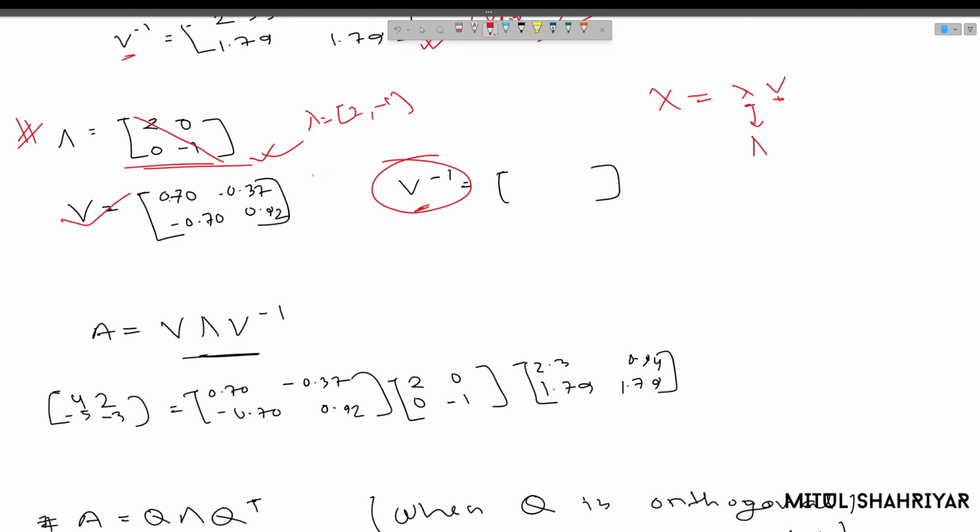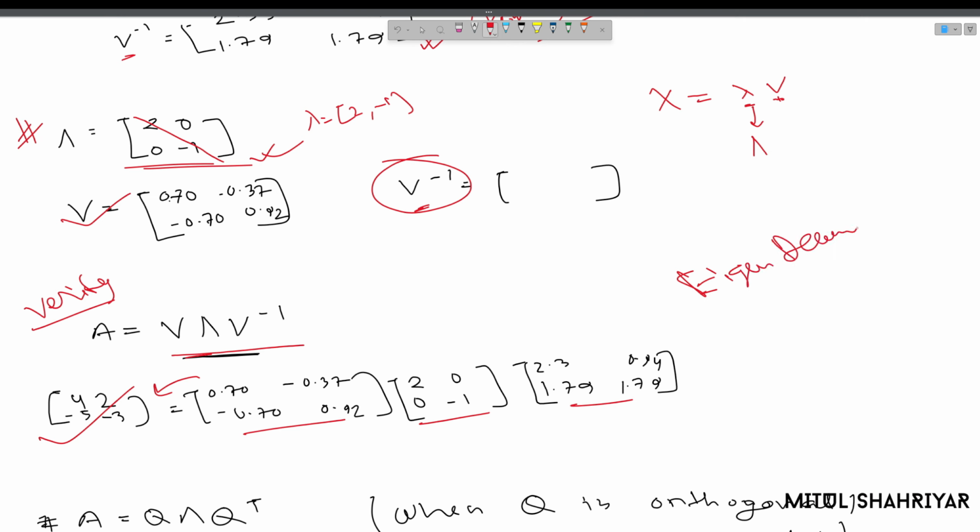If you want to learn, you can go for that. You will have V inverse. Now if you multiply V, uppercase lambda and this, you will get A. This is where we are verifying that our eigen decomposition works. No issues.